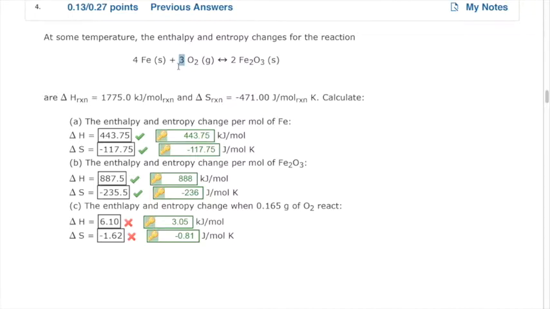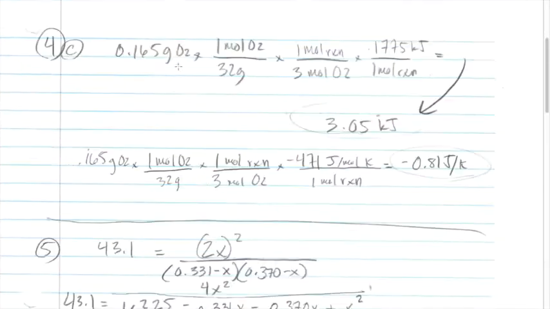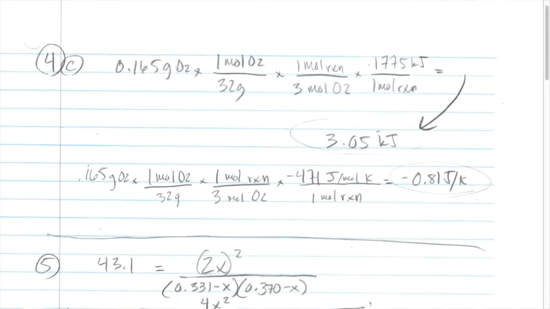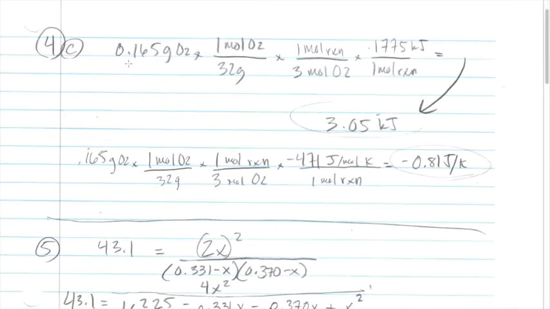So we start with that 0.165 grams O2, carefully noting that this is O2. As we convert that to moles, we use 32 grams instead of 16 because O2 is 2 atoms of oxygen, which equals 32 grams. So the formula weight for O2 is 32 grams.